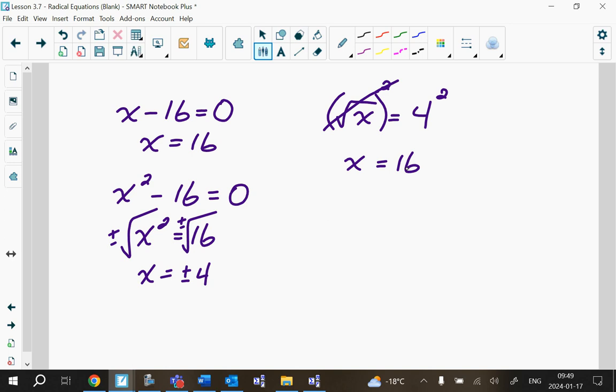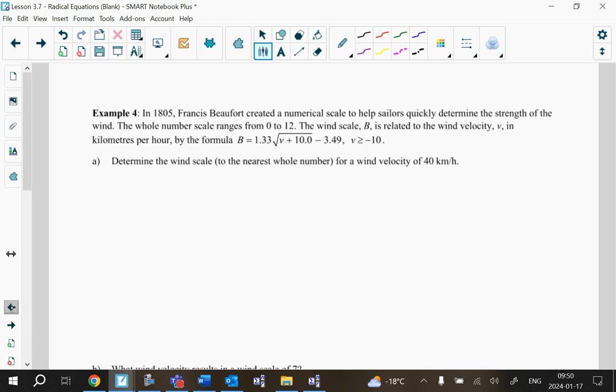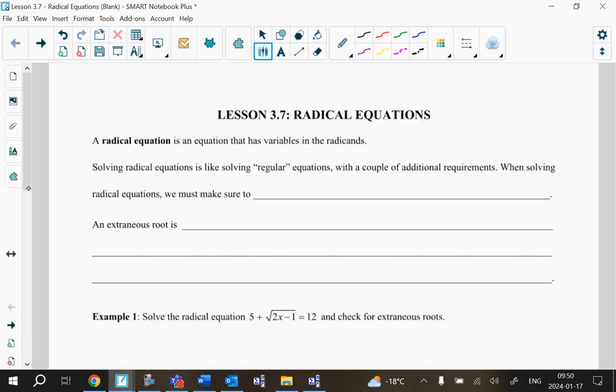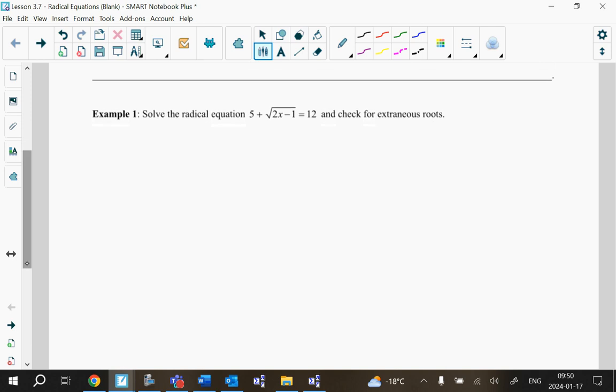So before I write down anything up top here, let's look at this one. Don't worry about the rest of the instructions. We'll talk about this in a second. How do you think you'd go about solving this one? Would you square both sides right now?